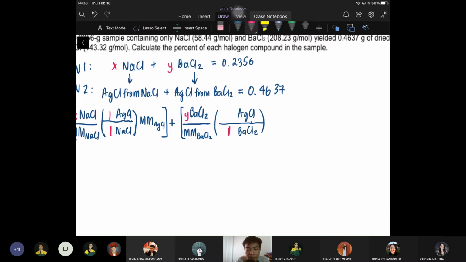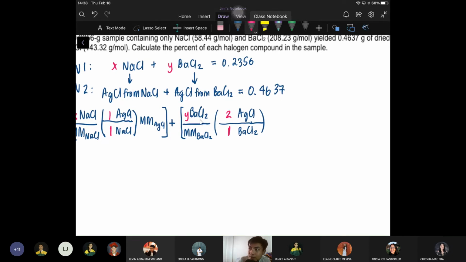Okay, so 2. Because yung isang mole ng barium chloride magbibigay ng dalawang Cl-. And yung dalawang Cl- na yon, mako-convert yon into AgCl. So isang mole ng barium chloride, that will give us 2 moles of AgCl. Paano mo malalaman na to? Tignan mo lang yung subscript. Okay. So dalawang Cl magagawa mo doon. So ibig sabihin, dalawa na ito magagawa mo.